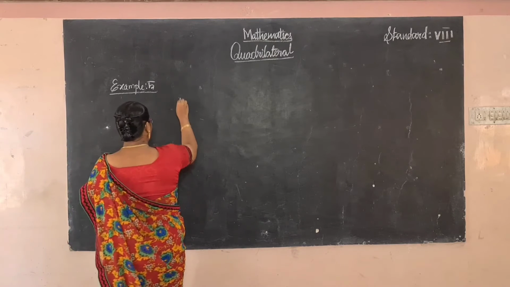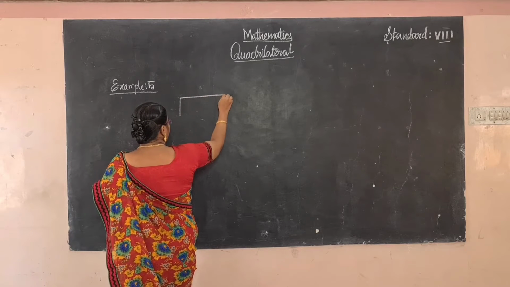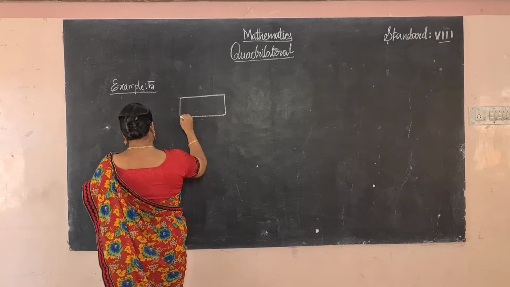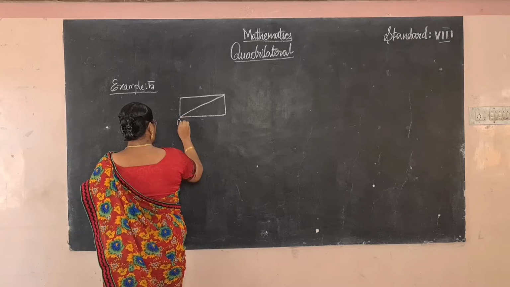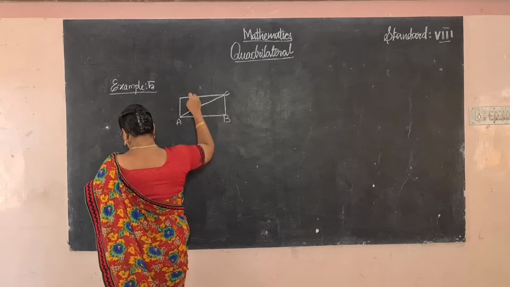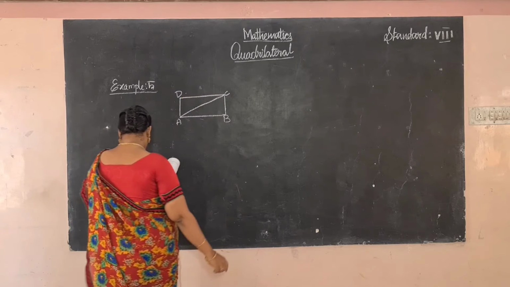One of the figures is given, a rectangle. The diagonals are AC and BD.